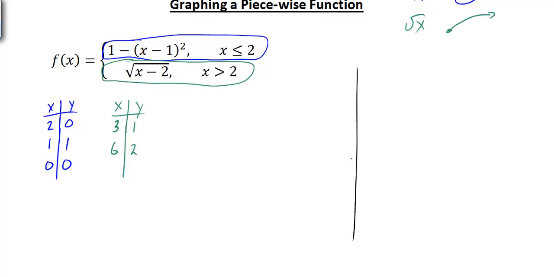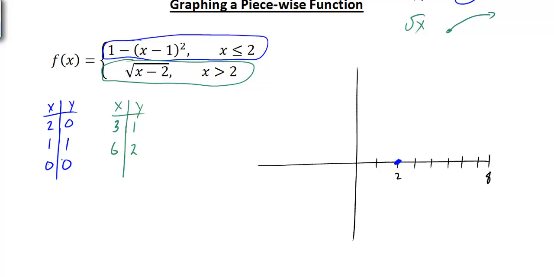Now, if I plot these points, we know that when x is 2, y is 0.